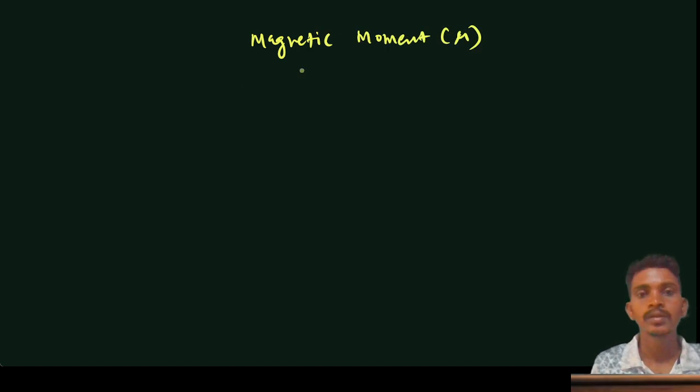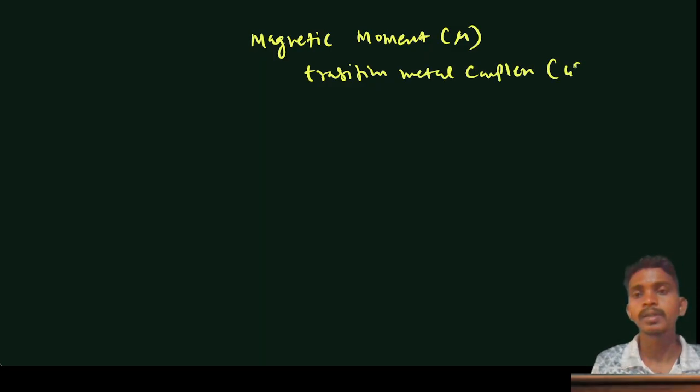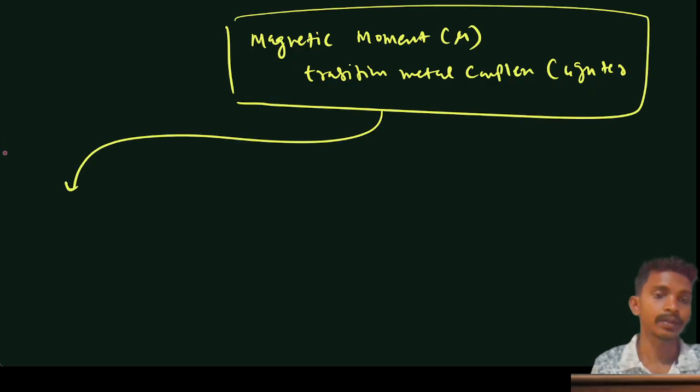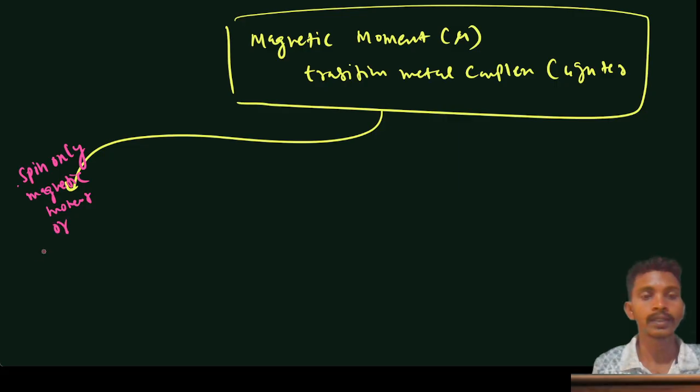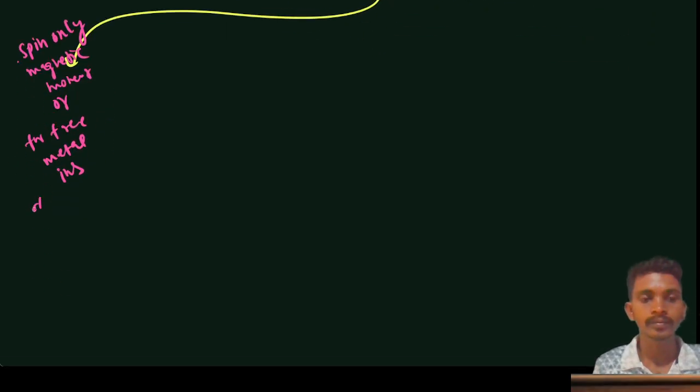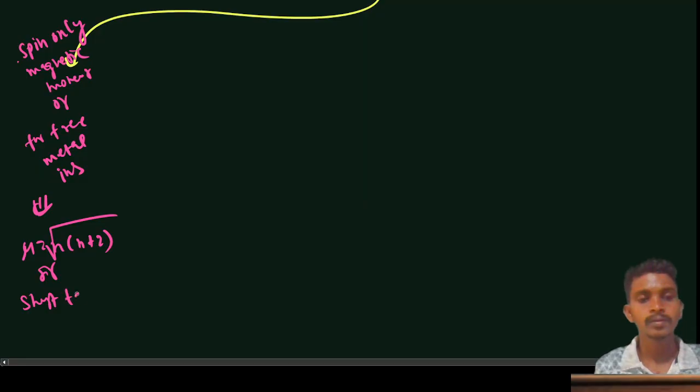Now let's say we are going to calculate magnetic moments of transition metal complexes or lanthanide elements. In the first case, if the question asks for spin only magnetic moment, or it says free metal ions, then use the formula, that is, mu equals the square root of n(n+2).